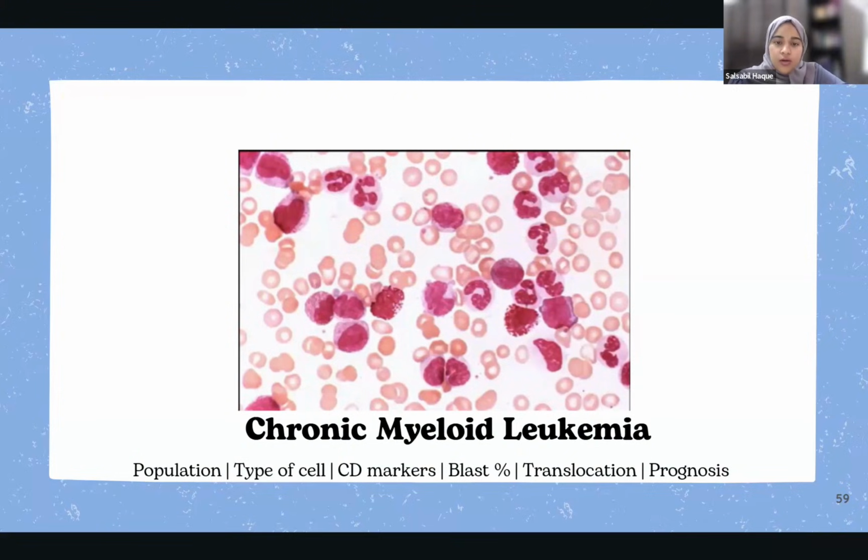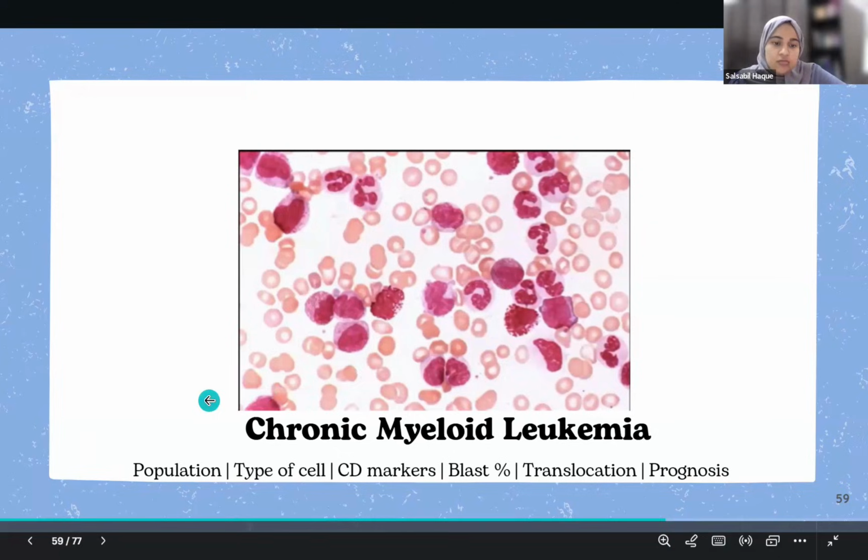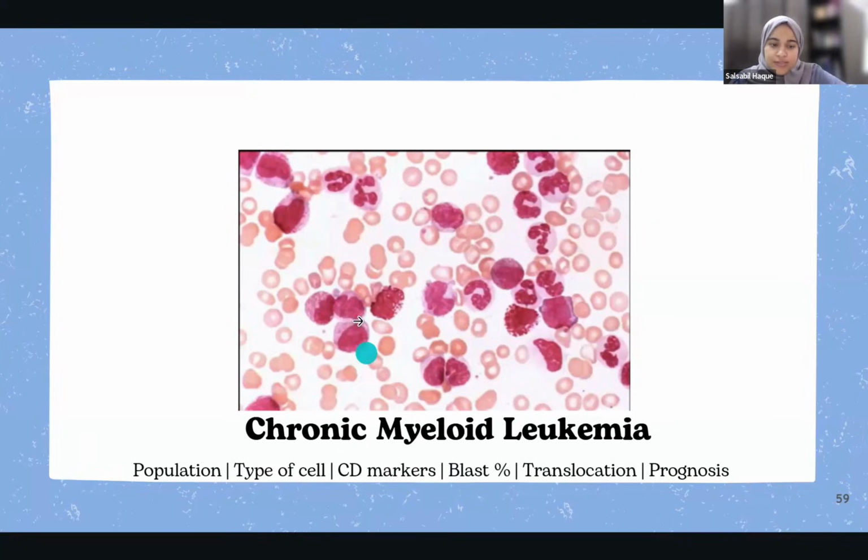So what are the symptoms that the patient presents with? Population, we said 50 to 60 years, old people basically. Type of cell, it's a myeloid cell. Patients present with pallor, they may present with splenomegaly, even gout or hyperuricemia symptoms. In the peripheral blood smear, you see immature neutrophils, or immature neutrophilia.